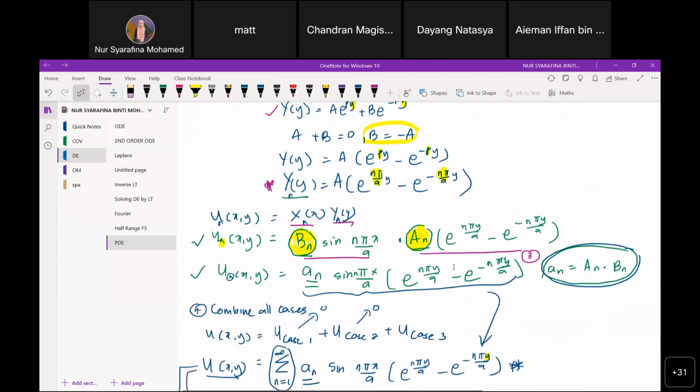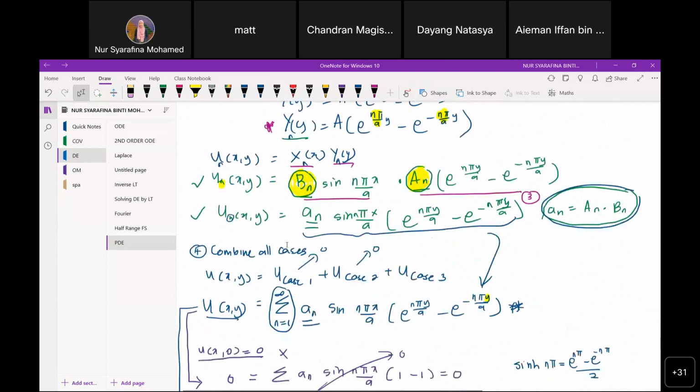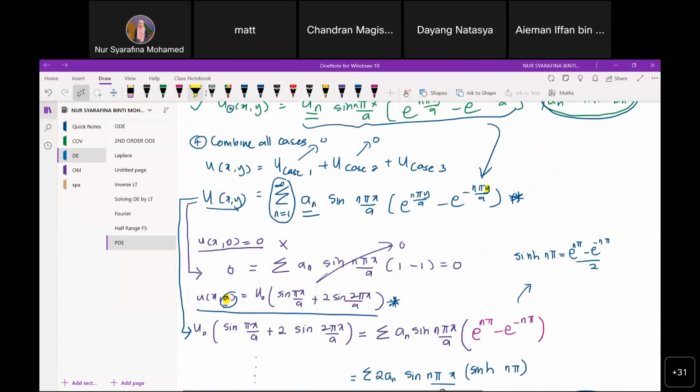Now, looking at the initial conditions given here: u(x,0) equals 0, u(x,a) equals the expression there. When we use u(x,0) equals 0, it means you substitute y with 0 here.